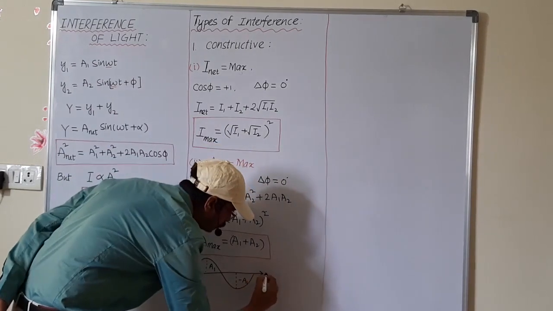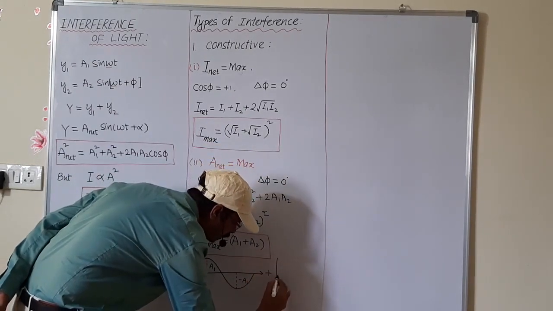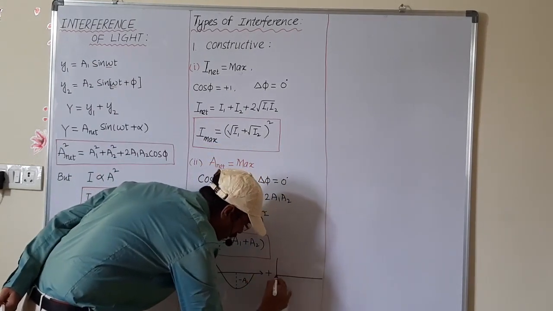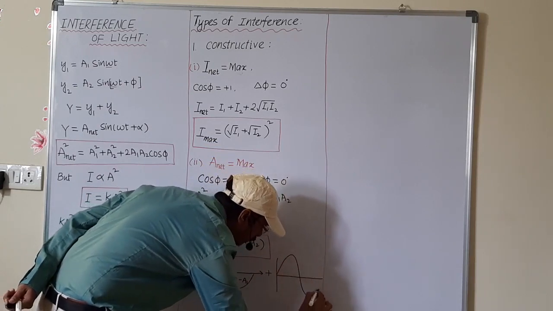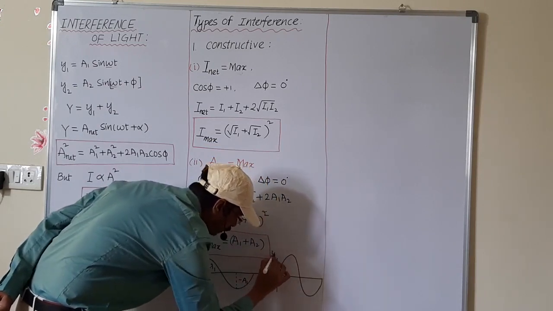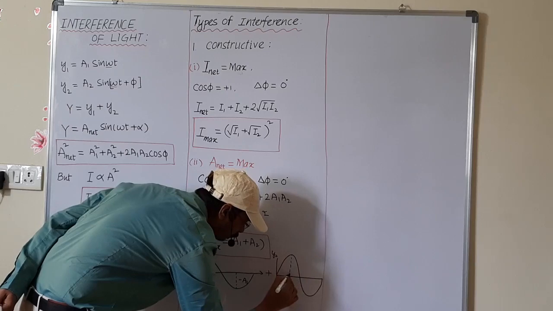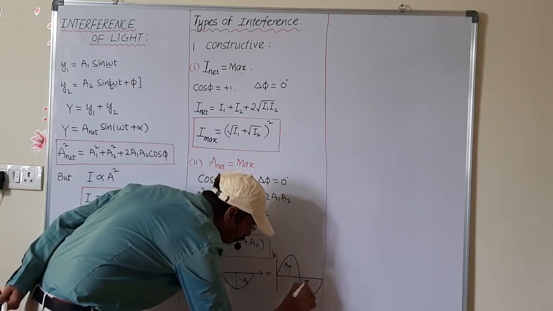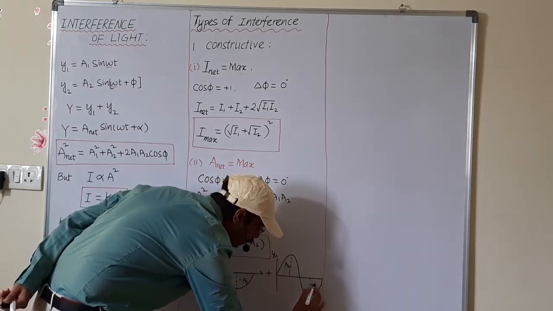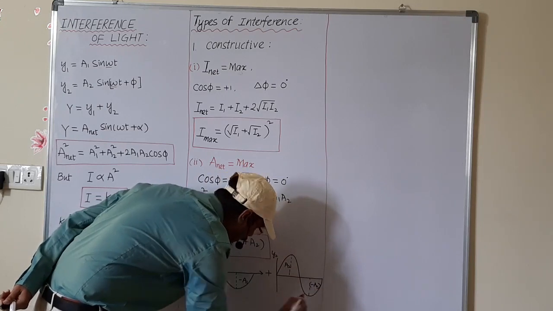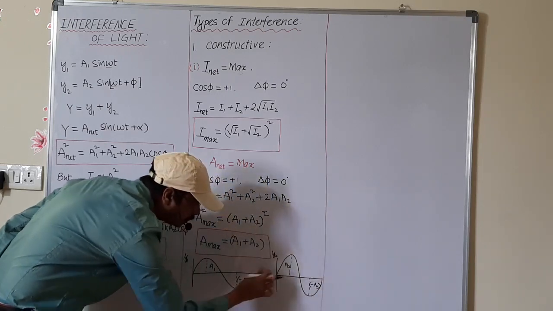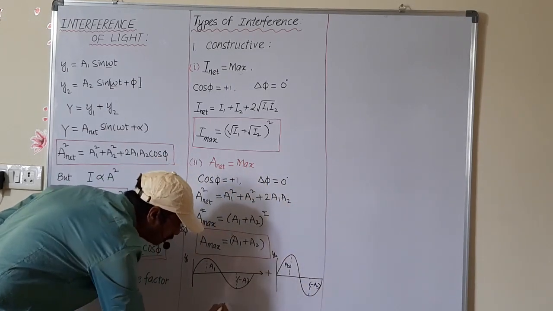Now superimpose another equation, which also moves in the same direction. It is y2, here a2 and this one is minus a2. These two waves are superimposed on each other.